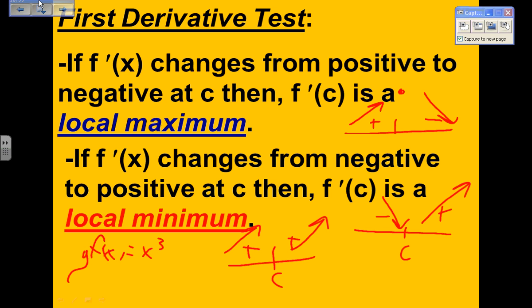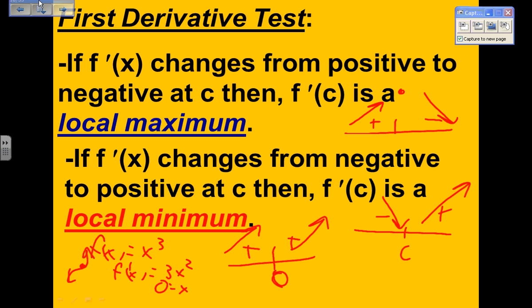If I take the derivative, f prime of x equals 3x squared. X equals 0 is a critical number. If I put a number on the left side into 3x squared, it's going to come out positive. If I put a number on the right side of 0, it's going to come out positive also. So do you see how the graph is always increasing? But that's not a local max or a local minimum.